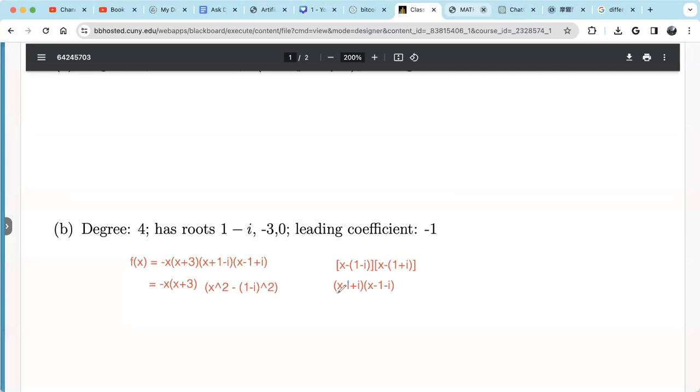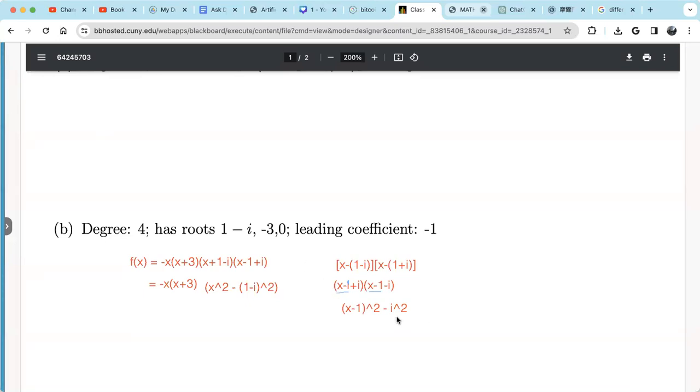So now we can treat x minus 1 as one thing. You see, we have a something plus i, something minus i. So we get something squared, x minus 1 squared minus i squared, right? Difference of two squares. What's i squared? Negative 1, I mean.